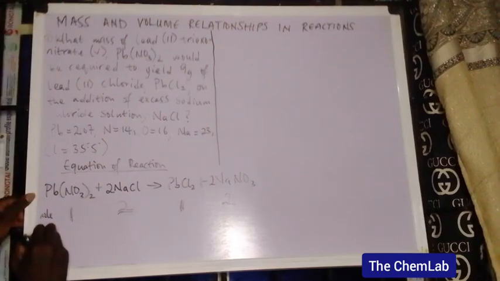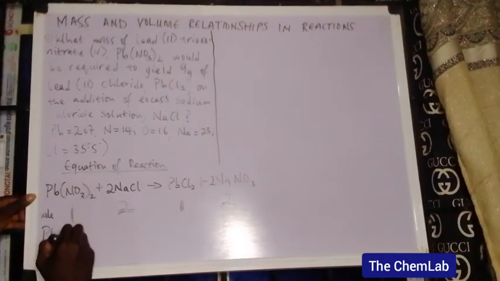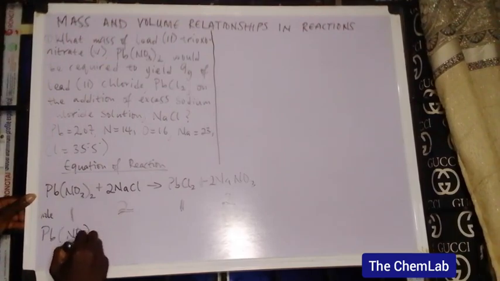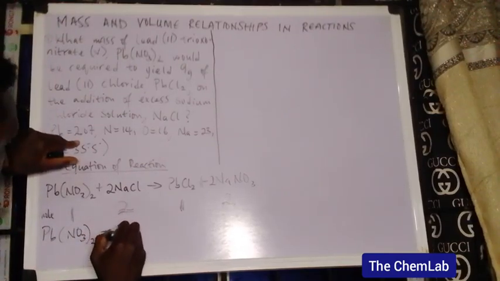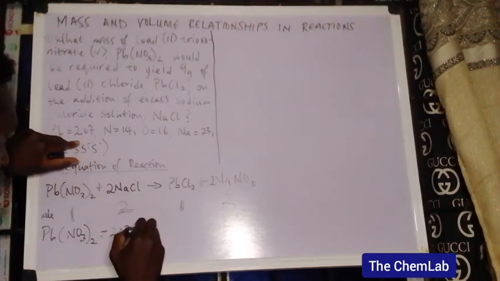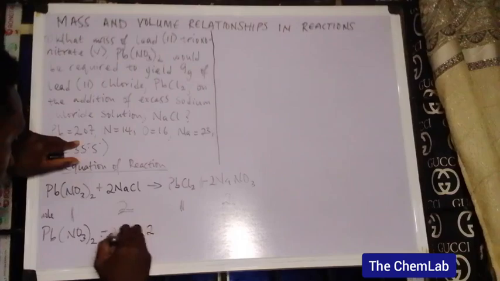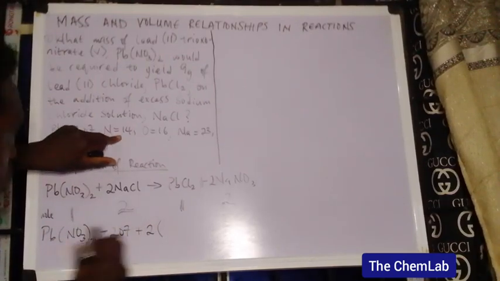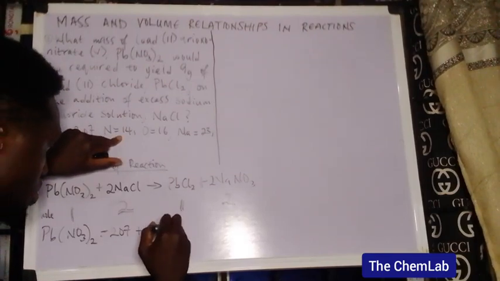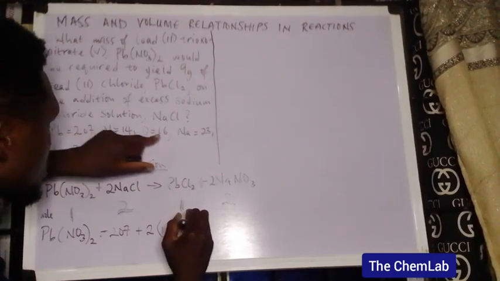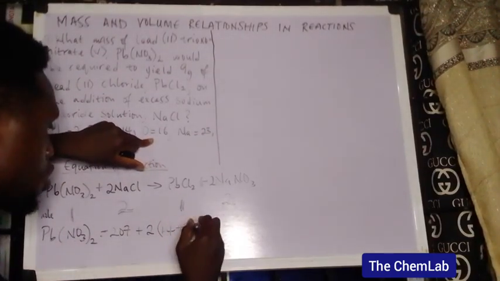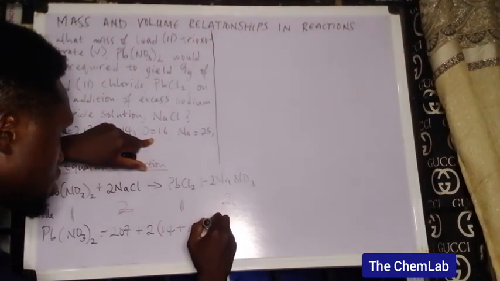So Pb(NO3)2. The molar mass is equal to Pb, which is 207, plus we have 2 here, then N is 14, plus O is 16, and they have 3 of O, so times 3.